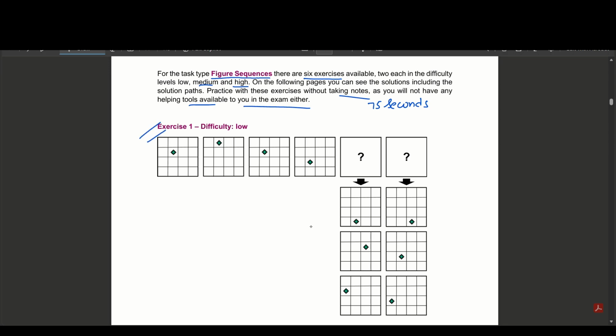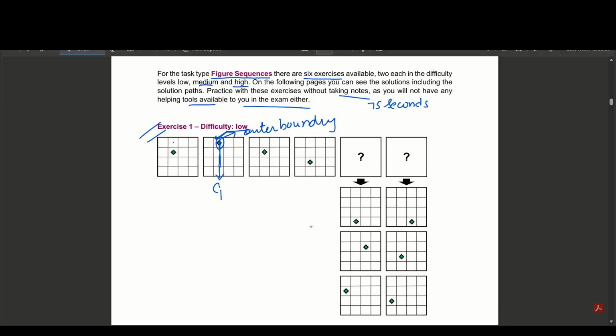So exercise 1, difficulty level low. So there is one shape here. It moves up here, and then in the same column, because it hit the outer boundary, it will bounce back in the same column.